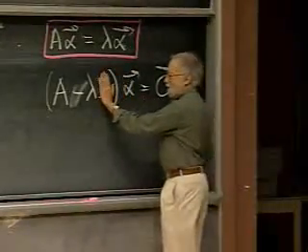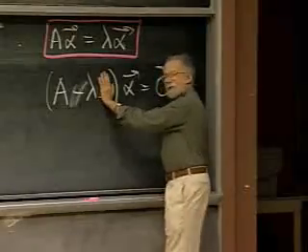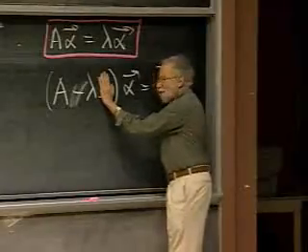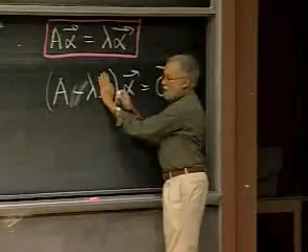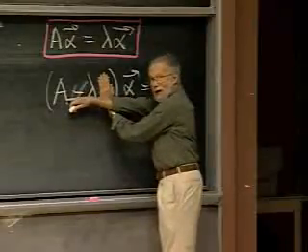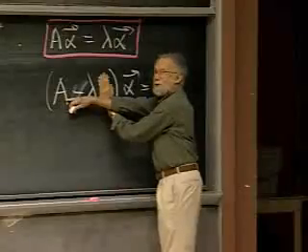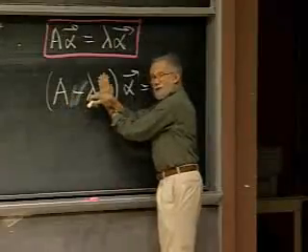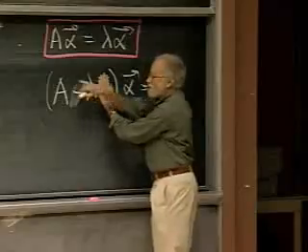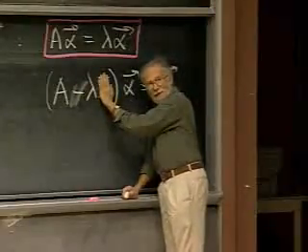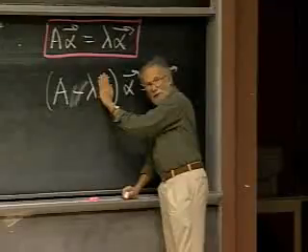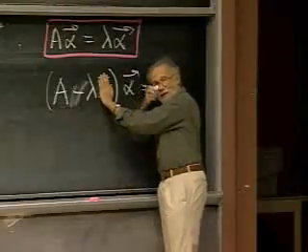Why is the I put in there? Well, this is what you'd like to write. What's wrong with this equation? This is not a valid matrix equation because that's a square n by n matrix, a square 2 by 2 matrix if you like, and this is a scalar. You cannot subtract the scalar from a matrix. It's not an operation. To subtract matrices, they have to be the same size, the same shape.